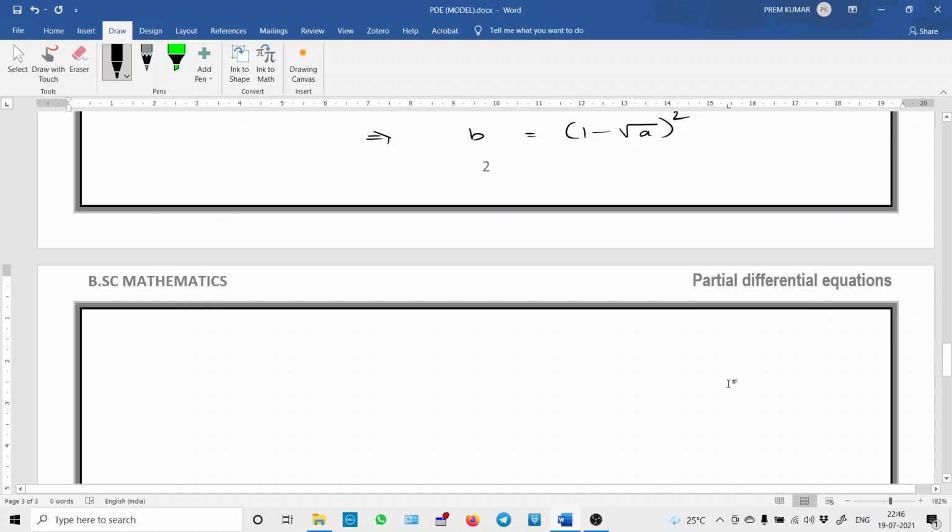Now, actually this is the second equation.